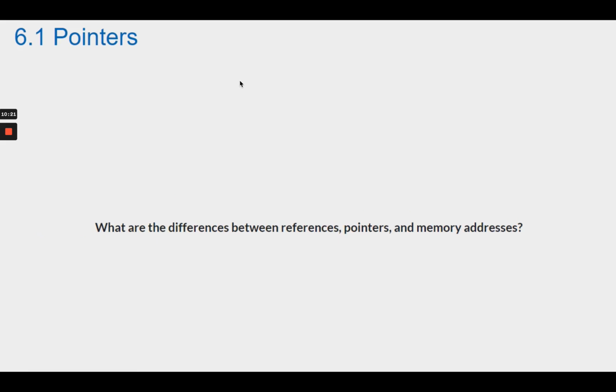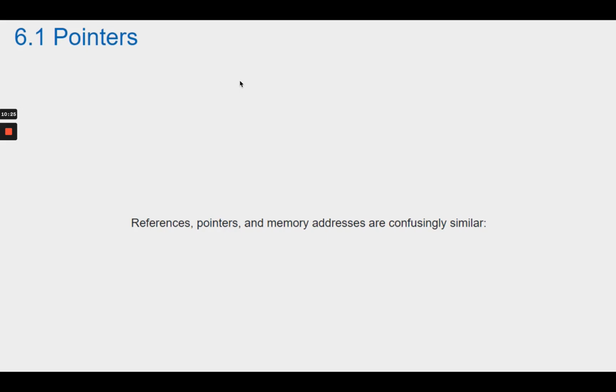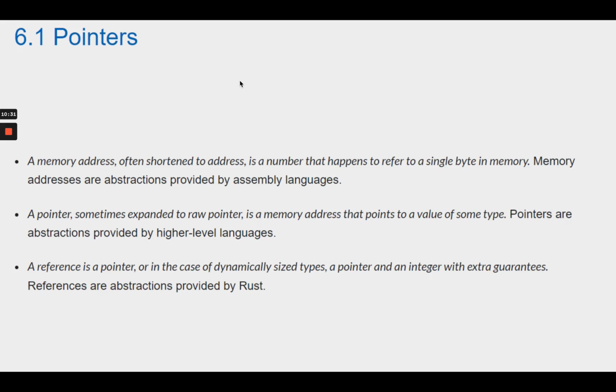What are the differences between references, pointers, and memory addresses? References, pointers, and memory addresses are confusingly similar. A memory address, often shortened to address, is a number that happens to refer to a single byte in memory. Memory addresses are abstractions provided by assembly languages.